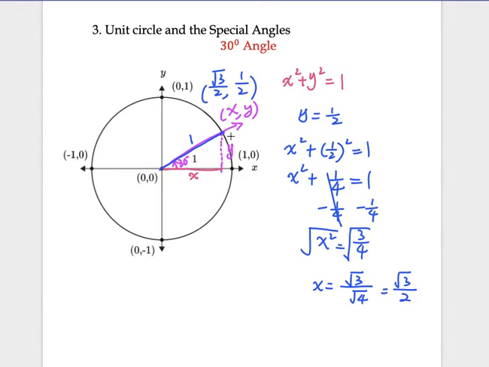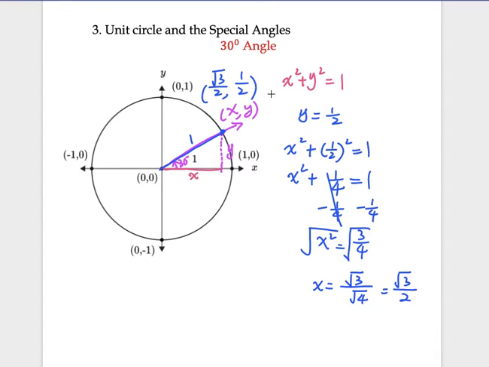This is the special coordinate for the angle 30 degrees. Of course, any angle coterminal with 30 degrees will share the same coordinates, because we only focus on where the terminal ray intersects the unit circle. So that's the first special angle we are going to talk about.